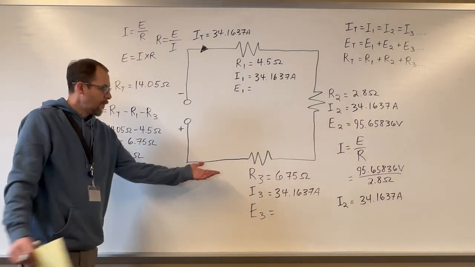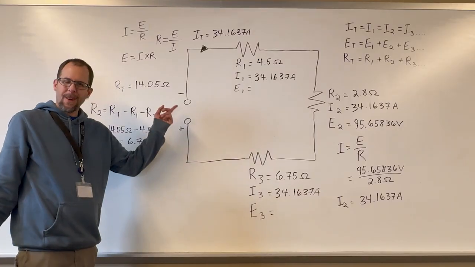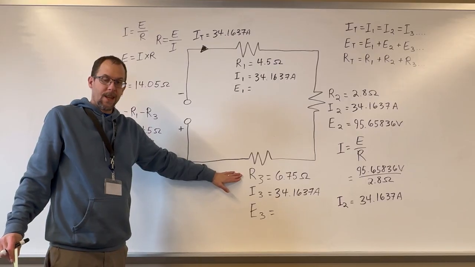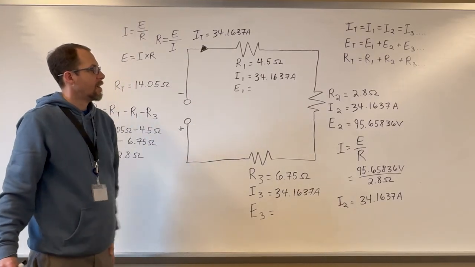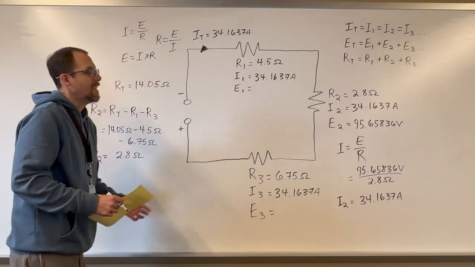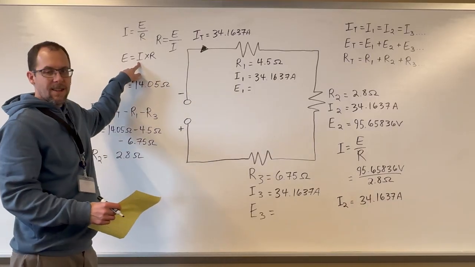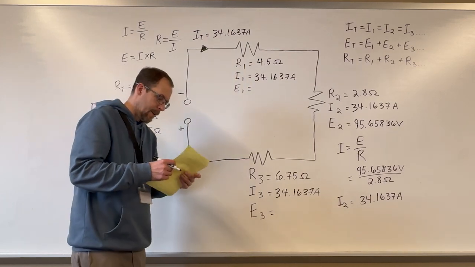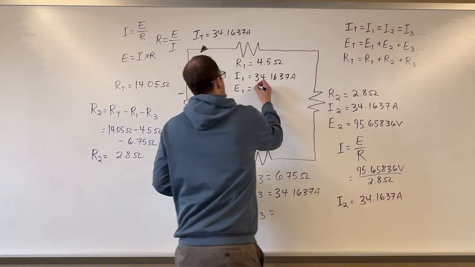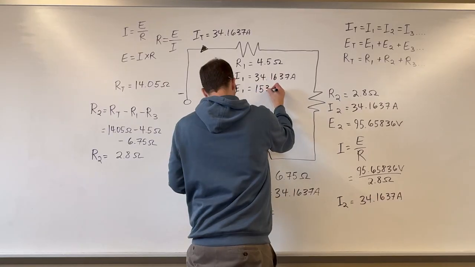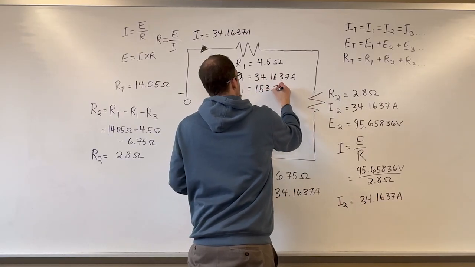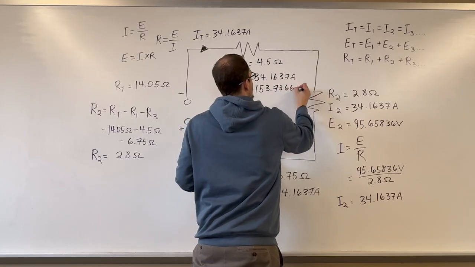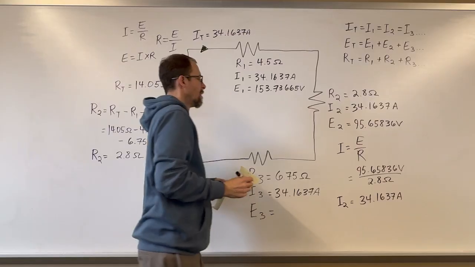Excellent. If we have that information, can we figure out the volt drops for R1 and for R3? Let's use Ohm's law. What does it say? E equals I times R. So E1 is I1 times R1, giving me a number of 153.73665 volts.